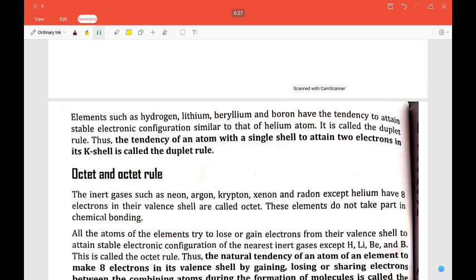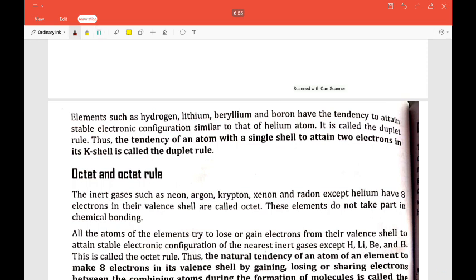So the elements like beryllium, boron, they may attain the state of helium either by gaining electrons or losing electrons. Here we have to keep in mind that helium is stable because its first orbit is full of electrons.